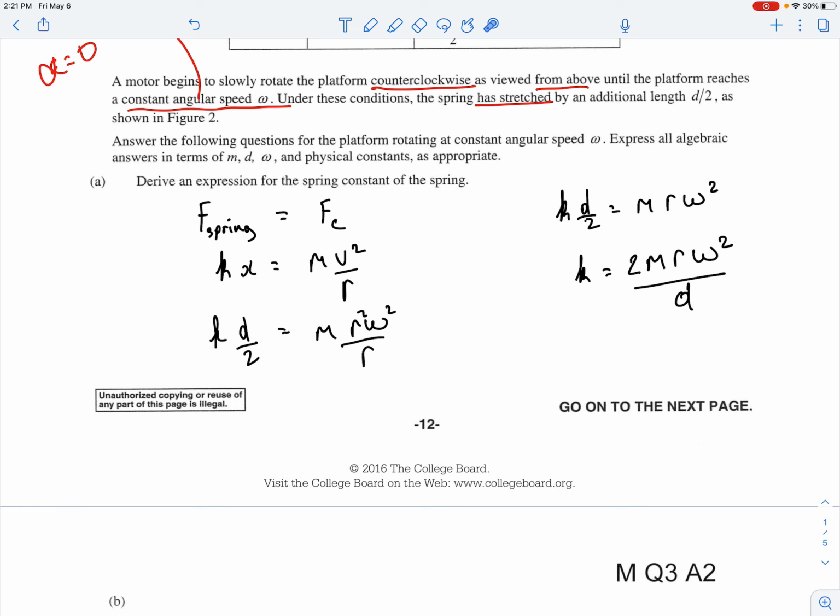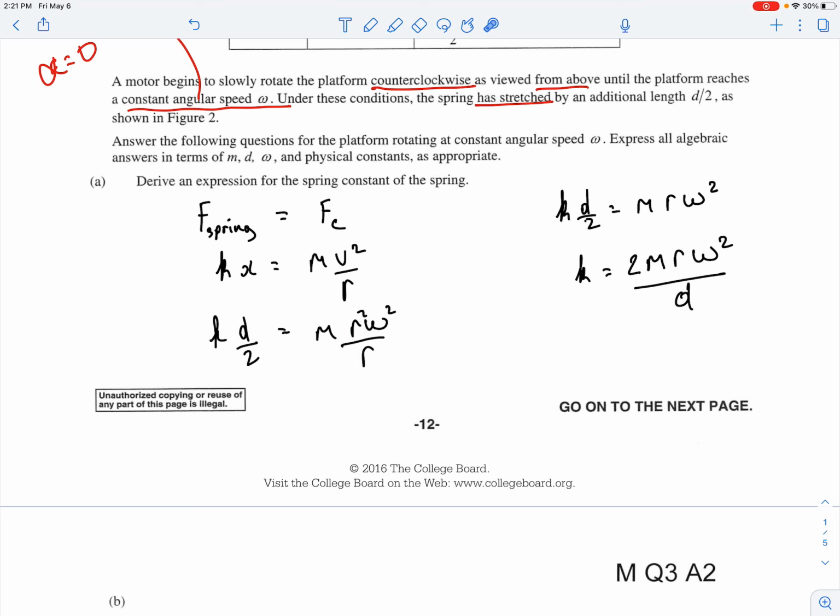Oh, I'm so silly. r, what's r? r is the distance. That just popped in my head. I told you my spidey senses were tingling. I'll go back to here. I was like, yo, this looks weird. You can't leave it like that. It has to be in terms of m, d, and omega. My apologies. r is d.